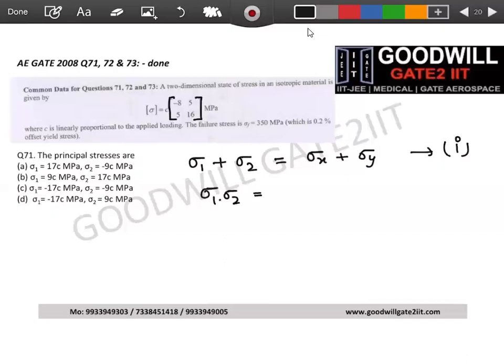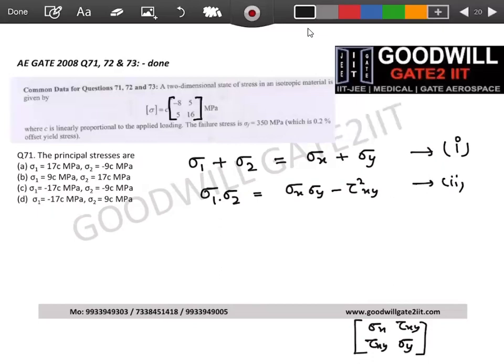If you multiply these two, it will be equal to the determinant of the matrix. Now, what is the determinant of the matrix? Sigma x into sigma y minus tau square xy. If you have a matrix sigma x, sigma y, and tau xy, what is the determinant of this? Sigma x into sigma y minus tau square xy.